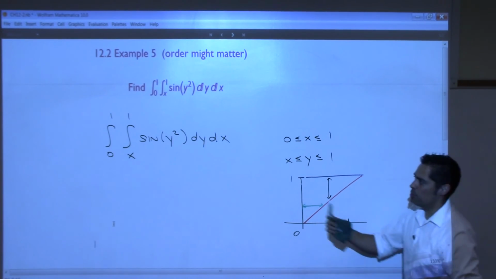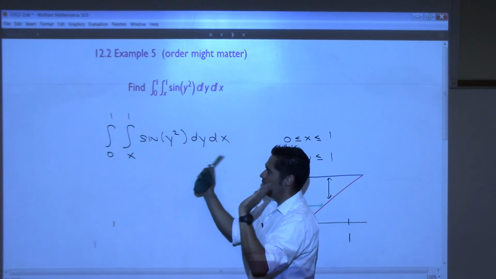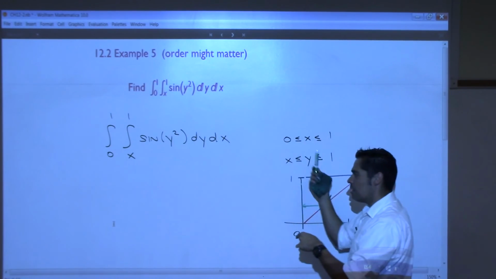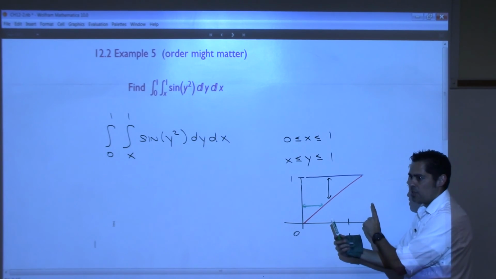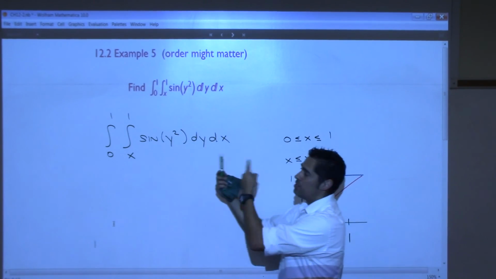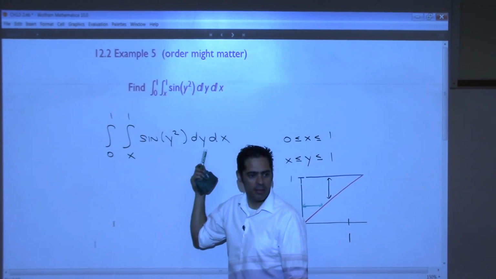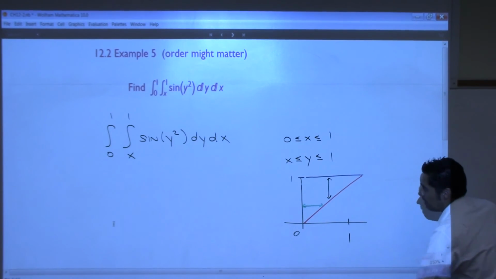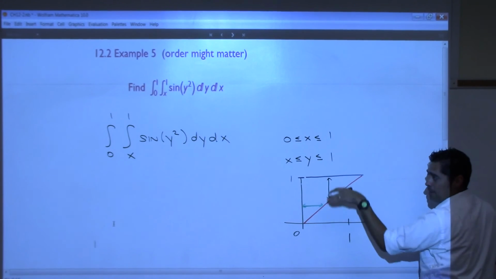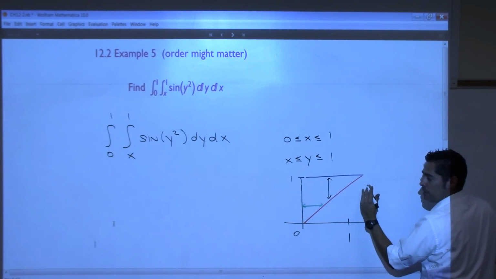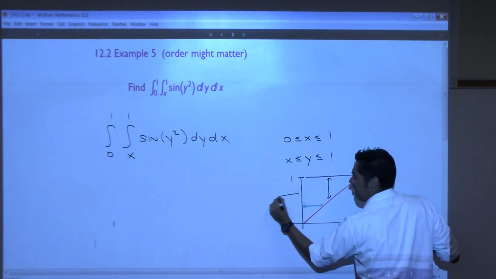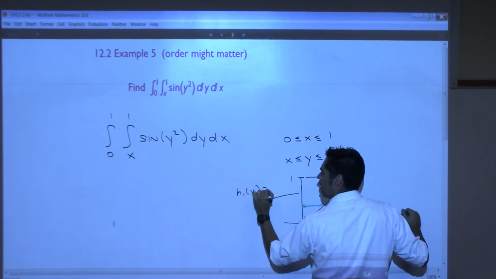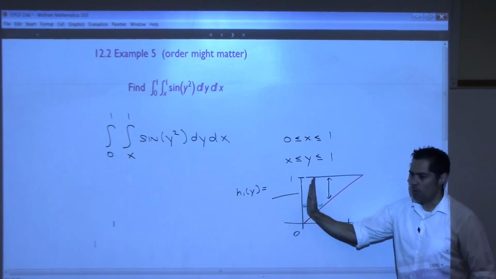I'm going to take the original problem. I'm going to give up on the fact that I'm never going to be able to integrate that. I'm going to go and look at the region and say, I'm going to switch it to a type 2. And then when I go back and look at this, it'll now be dx dy, if I can make the switch. So all I'm going to have to do to make the switch is, instead of looking at top and bottom, look at left and right. So this left bound, which we said was h sub 1 of y, what is that left bound on the y value?